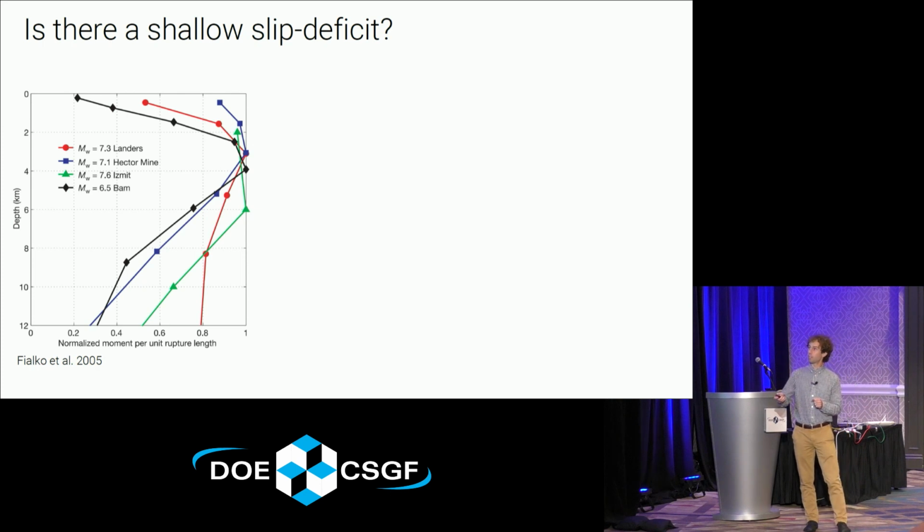And so for several different earthquakes here, ones in California, Turkey, Pakistan, or actually Iran, I think. You see this pattern where there's much less slip at shallow depths and deeper depths, and quite a lot in these mid-crustal depths of 2 to 6 kilometers.